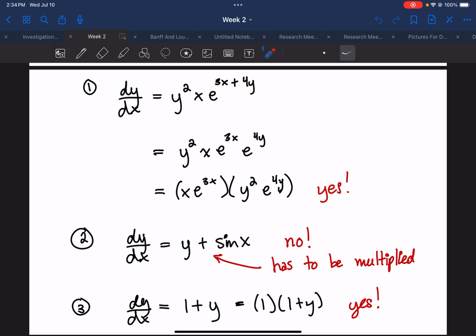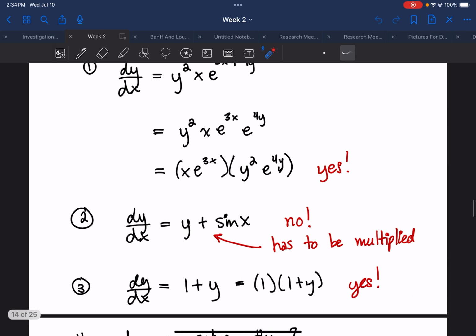We can separate this exponent up into e to the 3x times e to the 4y. And now if we look, this right here is a function of x, and this right here is a function of y, and they're being multiplied together. If we write it like this, it's very clear. This is g of x, and this is h of y. So this is a separable equation.